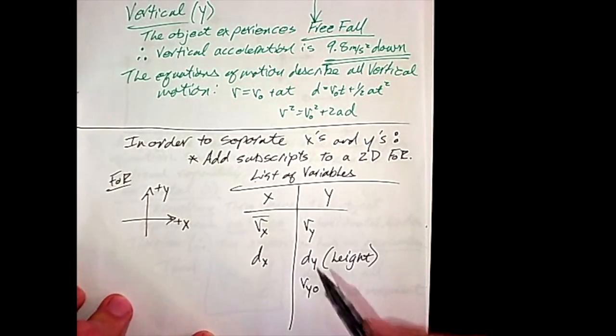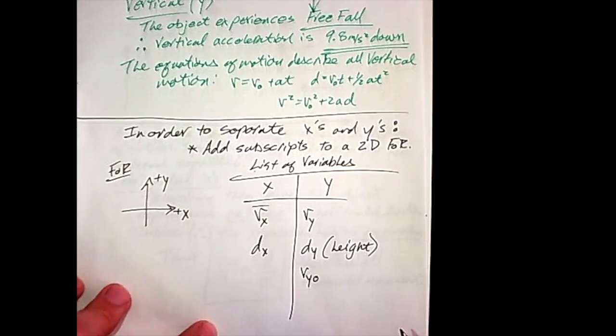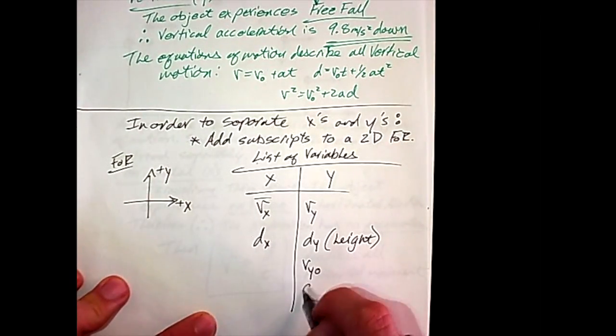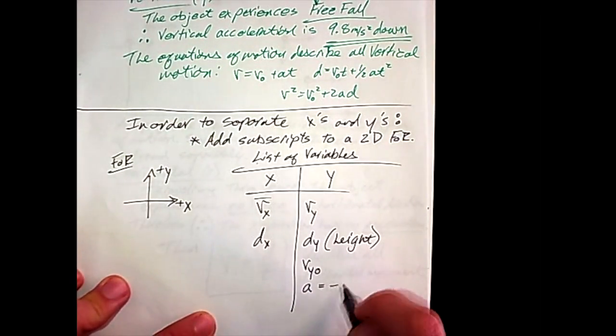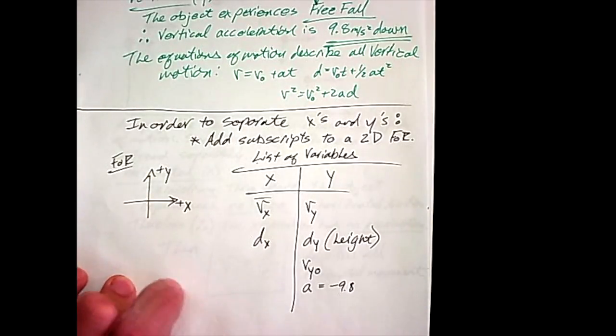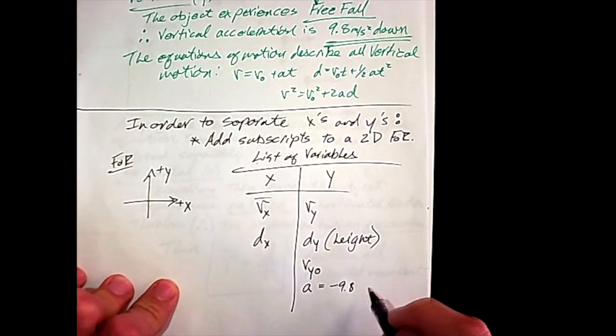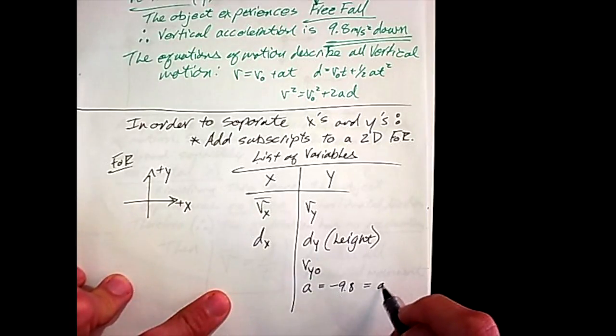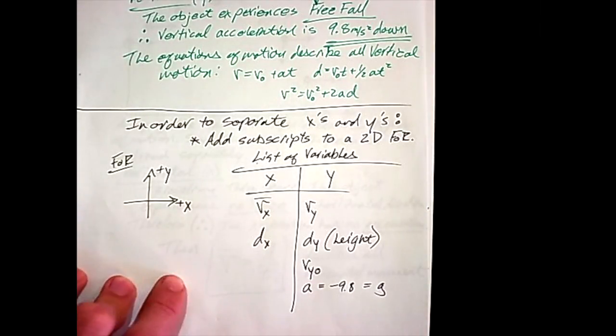So we've got those, but then in the vertical direction we also have acceleration. So A, in this case, is negative 9.8 because it's known. This is redefined as G. For argument's sake, G represents gravity, and it is a known acceleration.